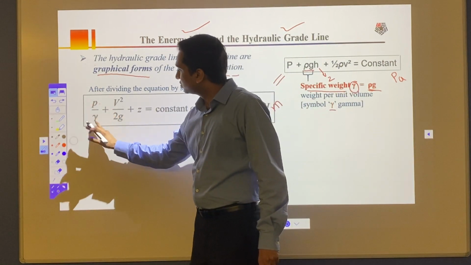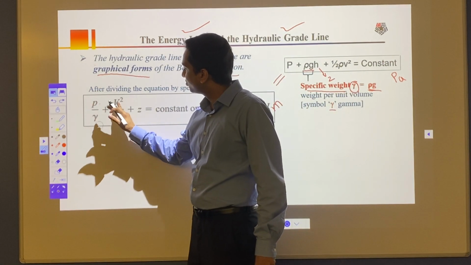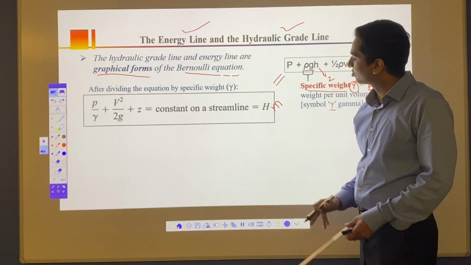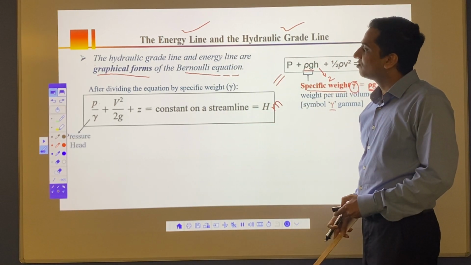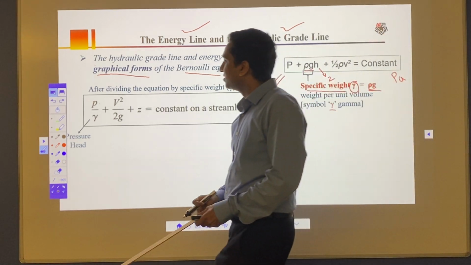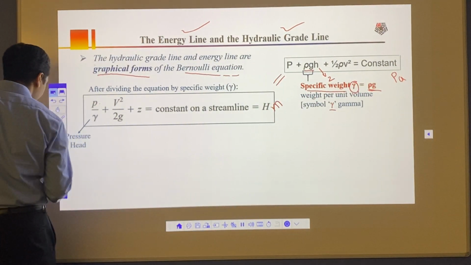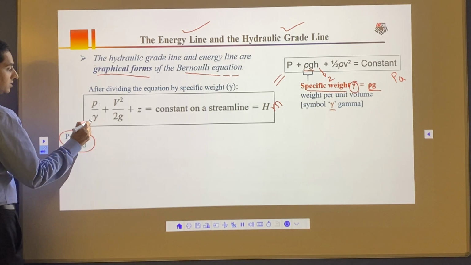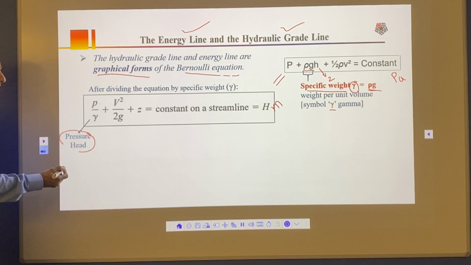So that's your equation, p by gamma, v square by 2g, z, and then whatever the constant along it, I'm going to call it a head. So for this equation, I'm going to call this term the pressure head. This p by rho g is the head due to pressure.